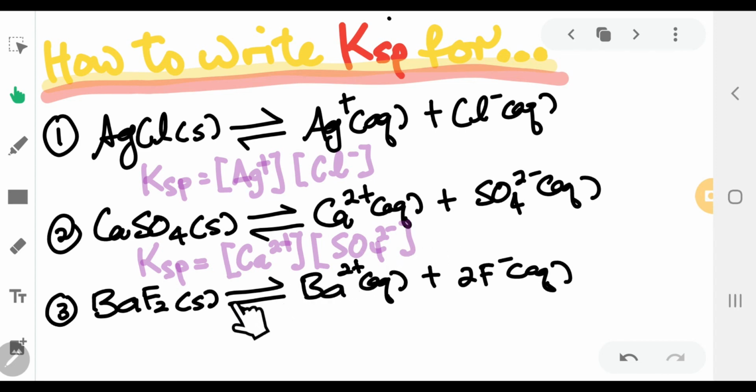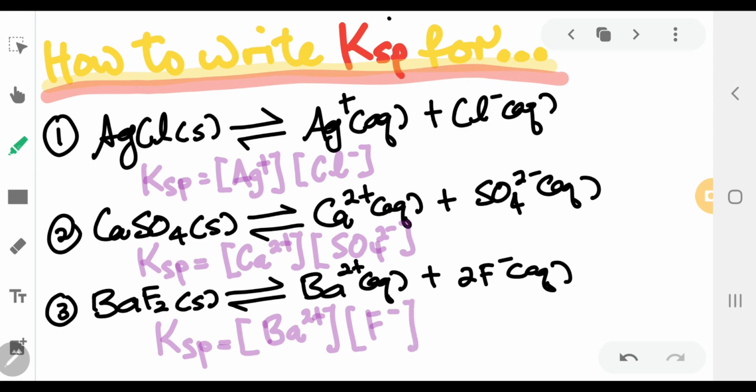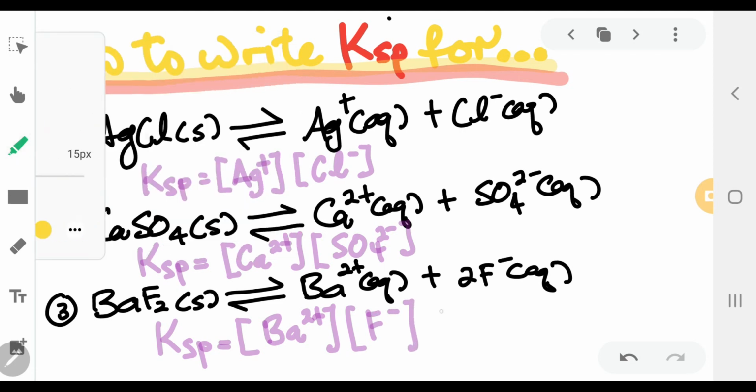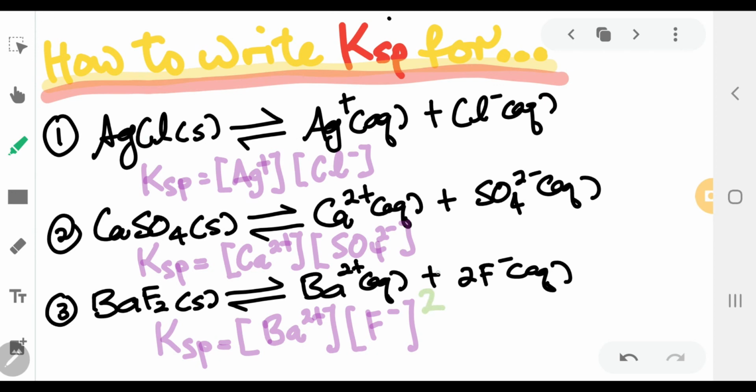So what about barium fluoride right here? The Ksp for this is written like this: the concentration of Ba2+ to the power of 1, times the concentration of F- to the power of 2.